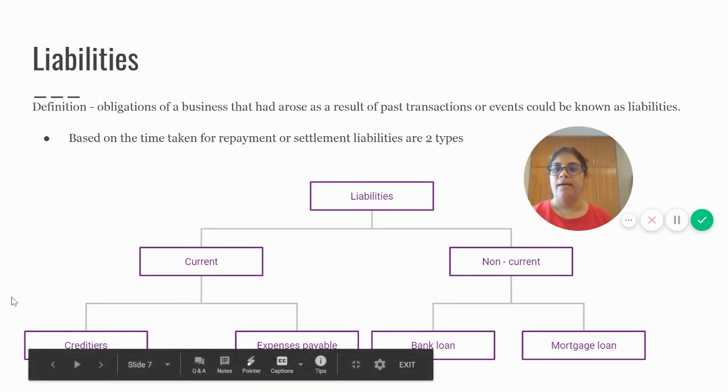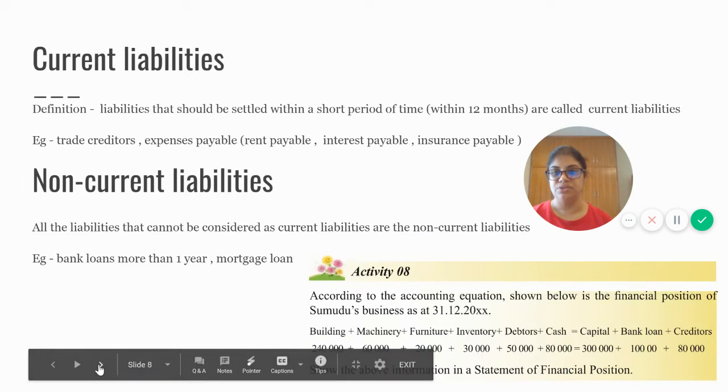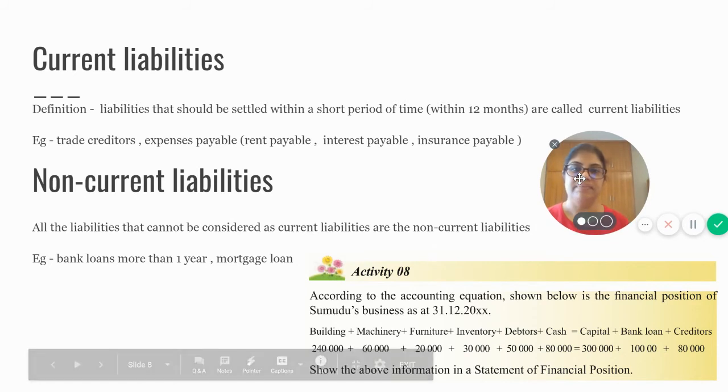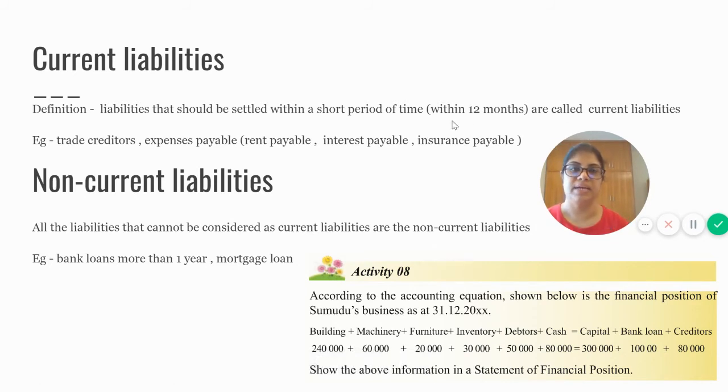Then, if I further explain this to you, current liabilities are the liabilities that should be settled within a short period of time. That means within 12 months. Liabilities that should be settled within 12 months, so the value of liabilities which are changing within one accounting period is known as current liabilities.